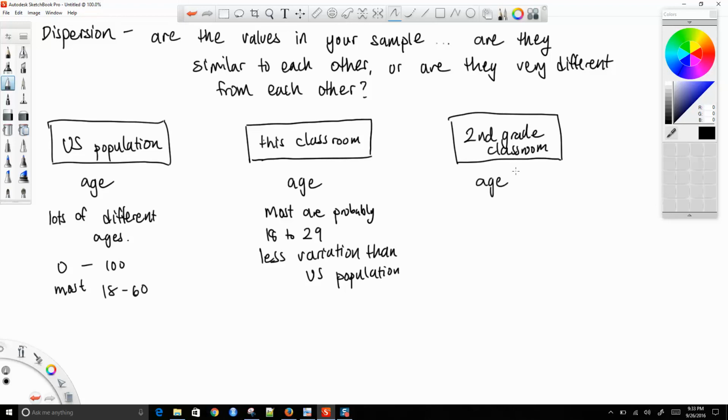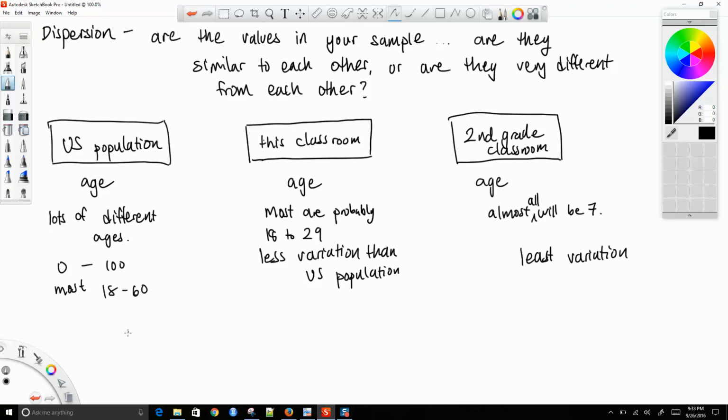You might have a 6-year-old, you might have an 8-year-old, but by and large, almost all will be 7. So as far as dispersion goes, this will have the least variation, and this will have the most variation.